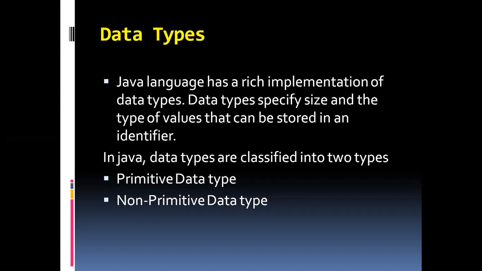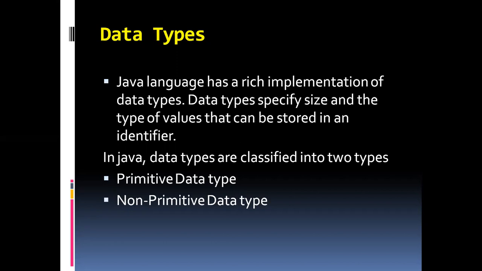Simply, which kind of data we are declaring in our programming. If you write any kind of program, what kind of data we are going to declare can be specified with the help of data types. Every data type has its own size and value range.